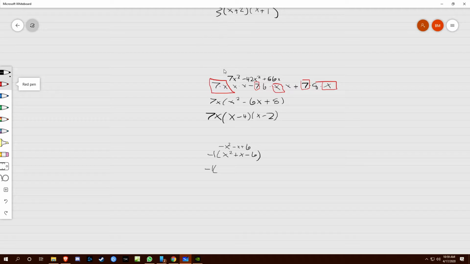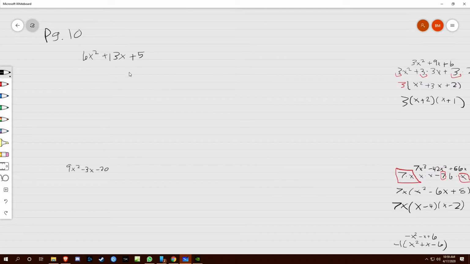Notice the greatest common factor each and every time has stayed out in front. And then that allows us to go ahead and factor this. There we go. I believe that's right. Should be right.